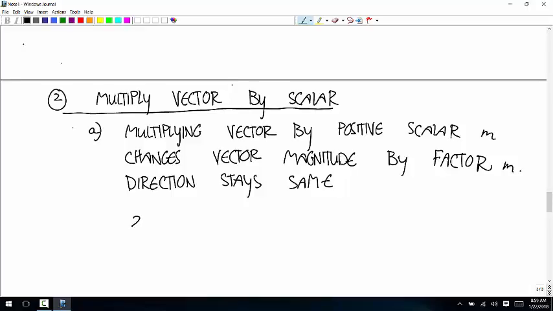So 2 times the vector drawn there is equal to, there's one of them, there's 2 of them in the same direction, and so the combined effect is this. Any questions about that?